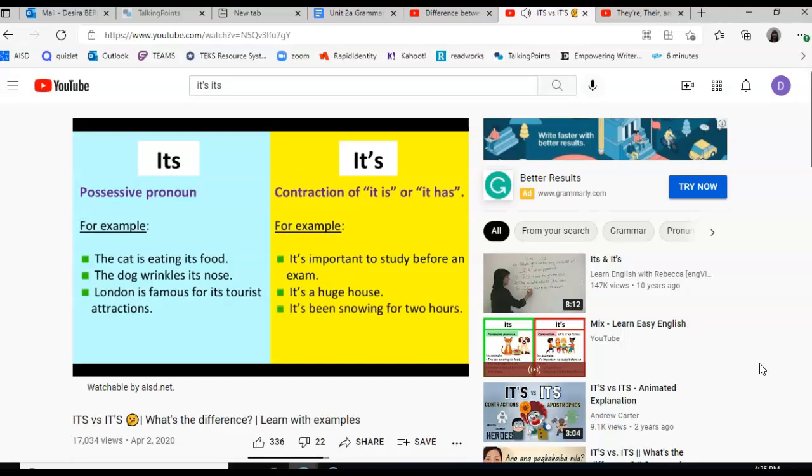It's been snowing for 2 hours. In this example, the sentence is, it has been snowing for 2 hours. So the words it has have been shortened to it's.